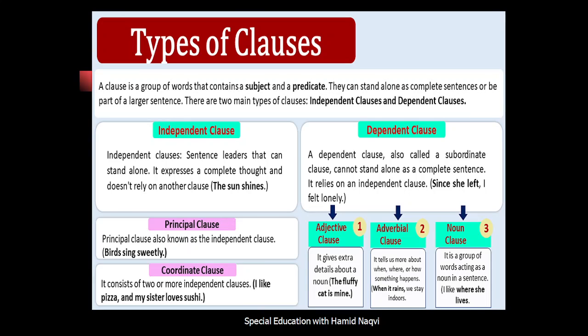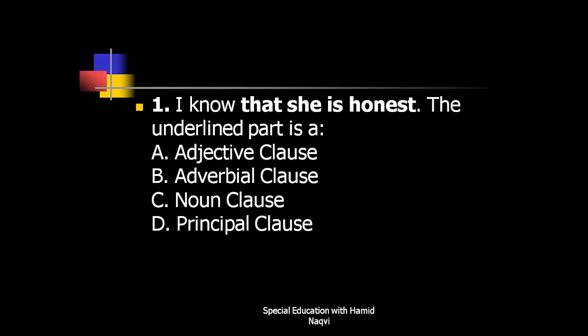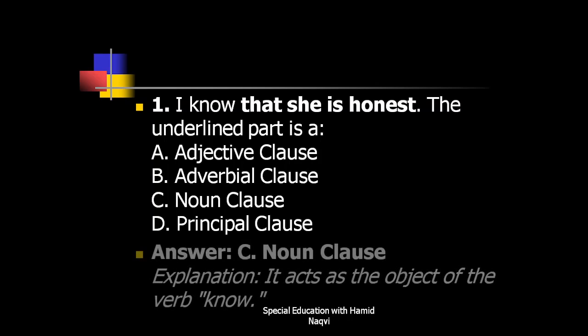Now let's have some practice, especially regarding the types of clauses. "I know that she is honest." The underlined part is an adjective clause, adverbial clause, noun clause or principal clause? The answer is it is a noun clause. And what is the reason?